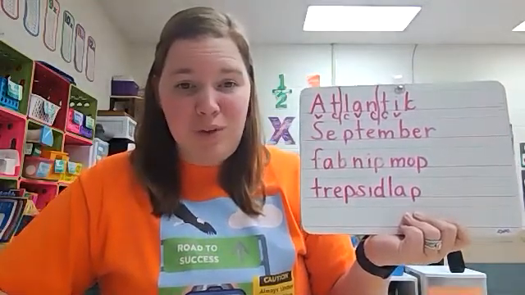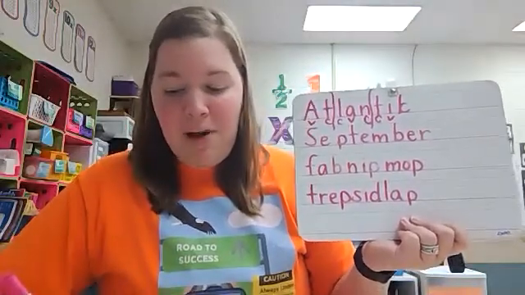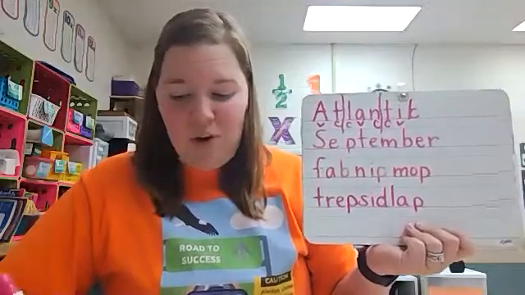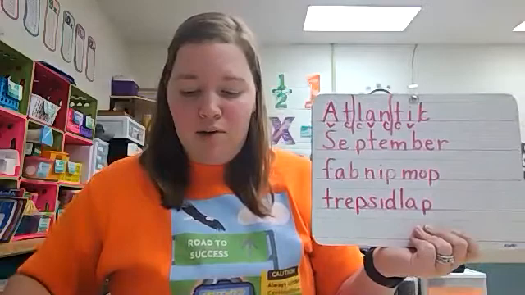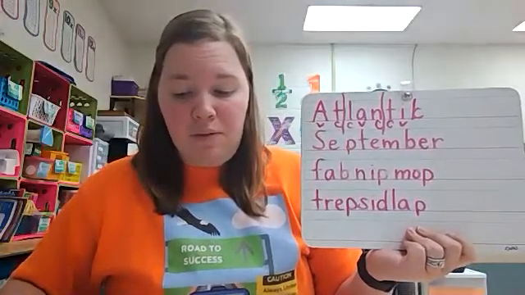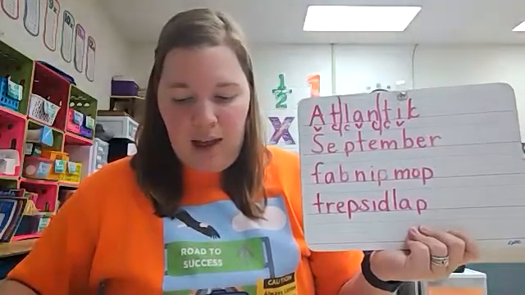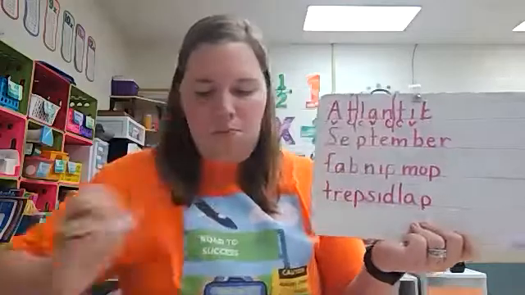Normally, we just have the normal VCCV pattern, but that appears twice in the same word, and the middle vowel is used in both patterns. So now that we've divided this word into syllables, we need to place the accent. So we're going to try the accent at the first syllable.